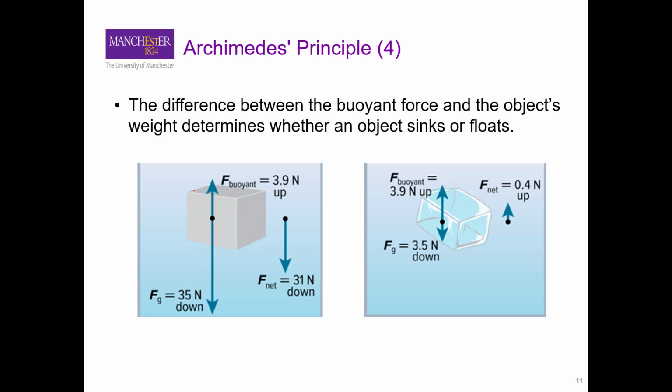So if you have, for example, a heavy cube of steel that has a very large weight force but small buoyant force, it will sink because the net force is downward. While if you have an ice cube that has a higher buoyant force compared to its weight force, it will float on the surface of the water.